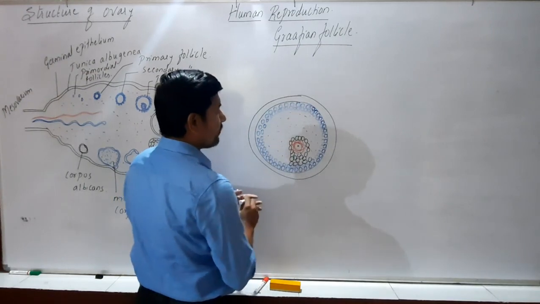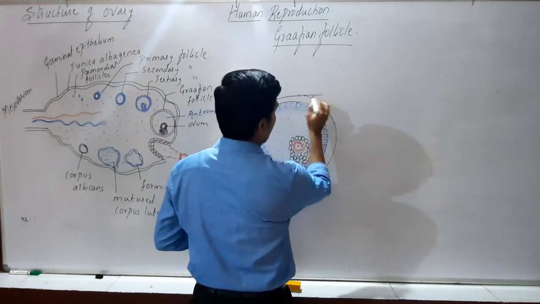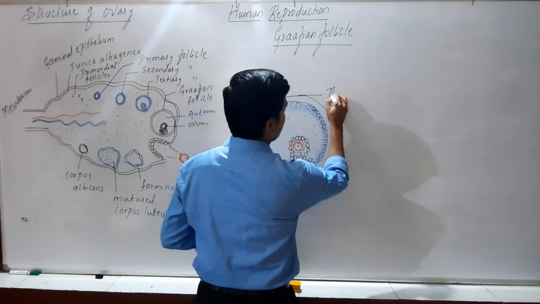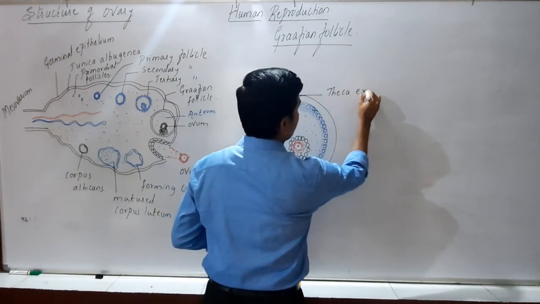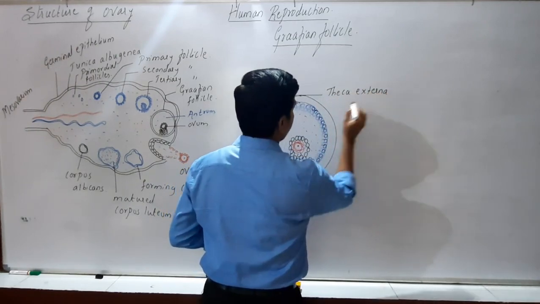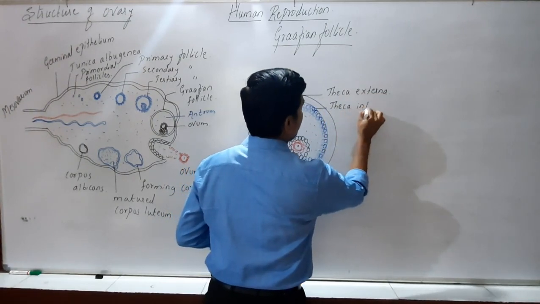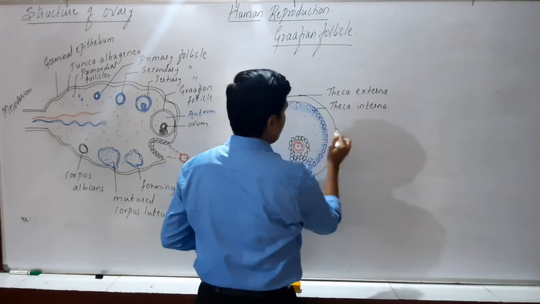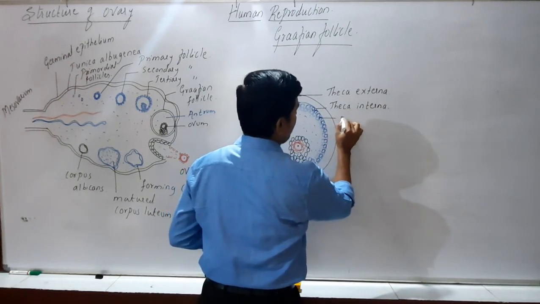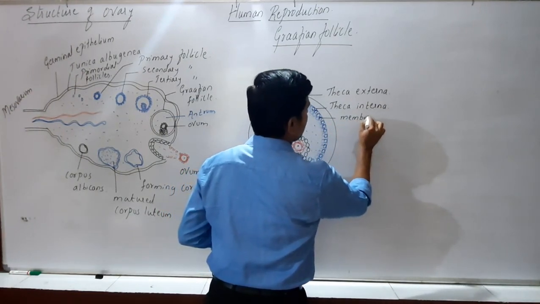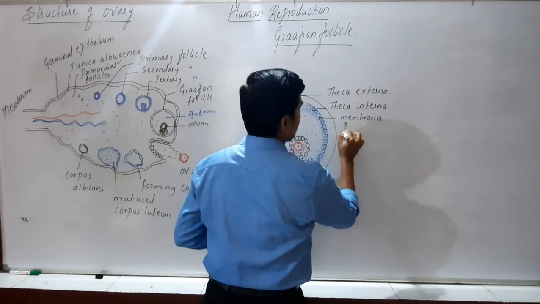Okay, now in this view, the outer part is called theca externa. This is theca interna. This is membrana granulosa.